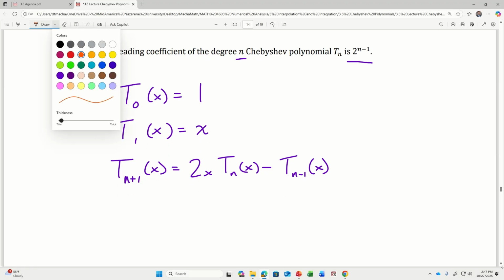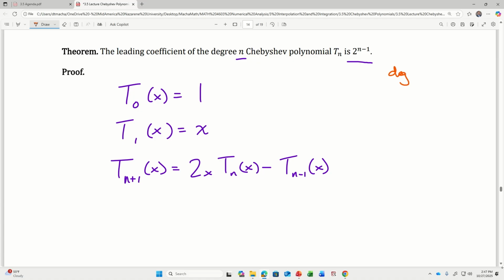So let's keep a little tally of degree and leading coefficient. When the degree is 0, the leading coefficient is 1. When the degree is 1, the leading coefficient is 1. It's 1x, right? And then when the degree is 2, this formula is saying take the degree n polynomial, multiply by x, which will make it an n plus 1 degree polynomial, and then you multiply by 2.